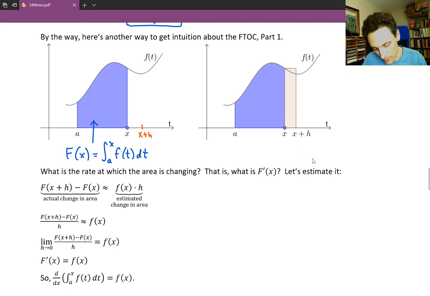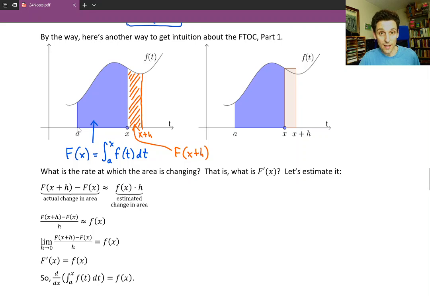Now if we wanted to figure out how much area we added just now, well, it would be this shaded area right here. It would be the area under the curve from x to x plus h. Or another way you could figure that out is you could take the area under the curve from t equals a to t equals x plus h, which would be this whole area, and then subtract off the area from t equals a to t equals x.